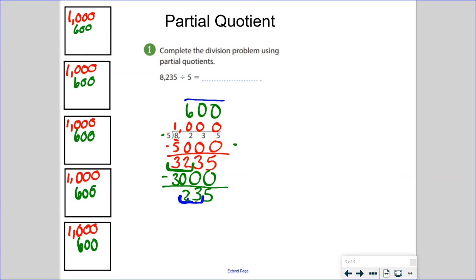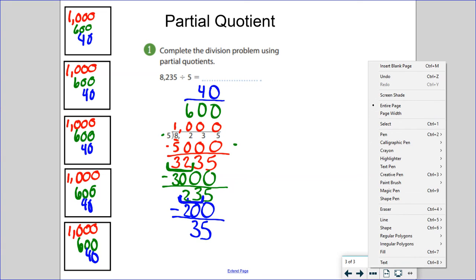But I can look at the first 2 digits and say something times 5 comes close to 20, but without going over. I know 4 times 5 equals 20. We took no consideration for the ones place, so we put a 0 in that ones place. And I end up with 35 because I just put 40 into each of my groups.